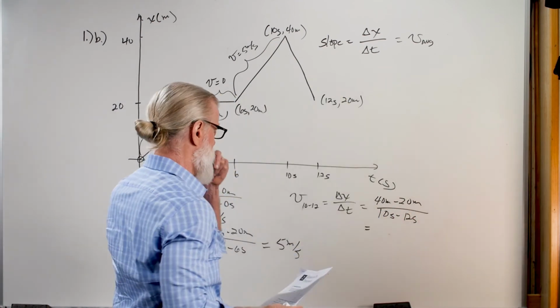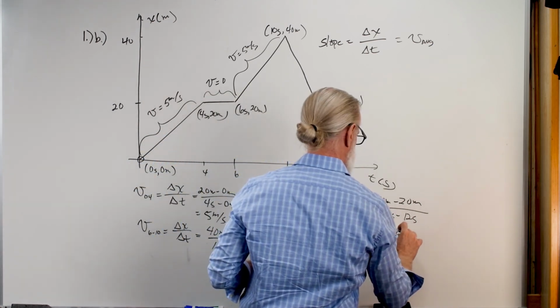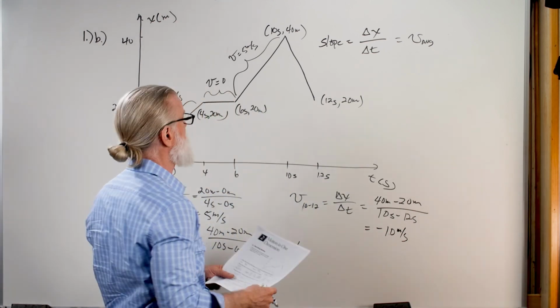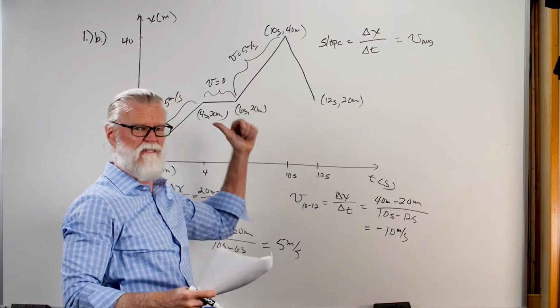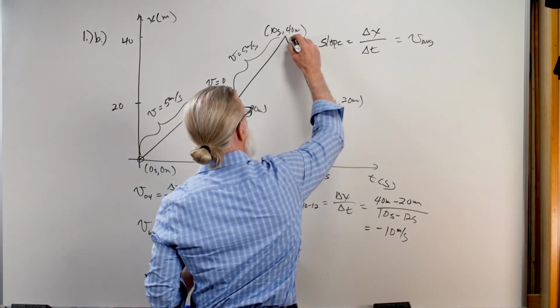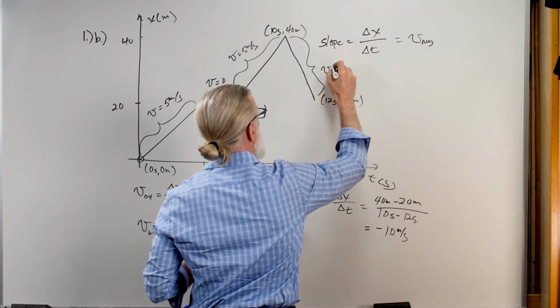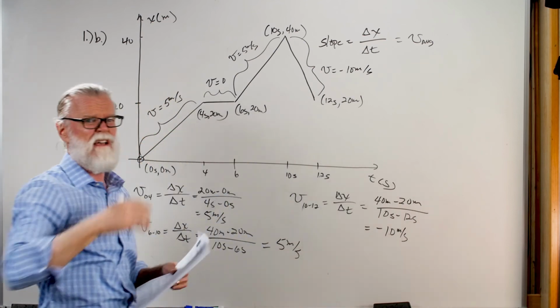So that's 20 divided by, that's 10, negative 10 meters per second. So that means it's to the left. It's moving this way. It's moving to the left, 10 meters per second. So that's what that negative tells us. So V equals negative 10 meters per second, or 10 meters per second to the left.